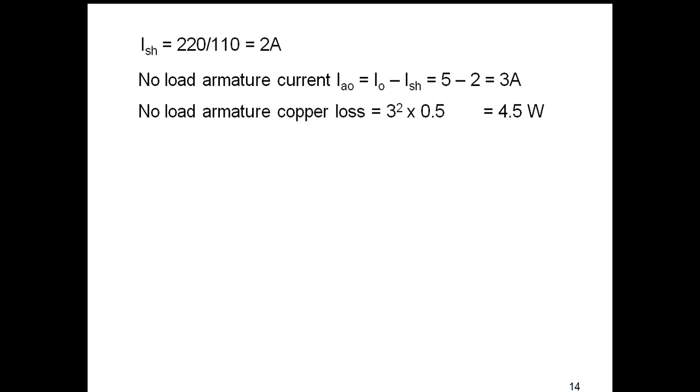On substituting the values, it is 3 square into 0.5, we get the answer as 4.5 watt.